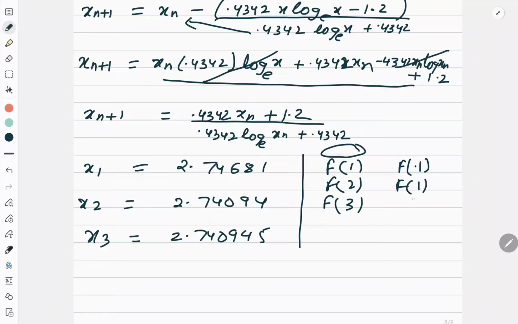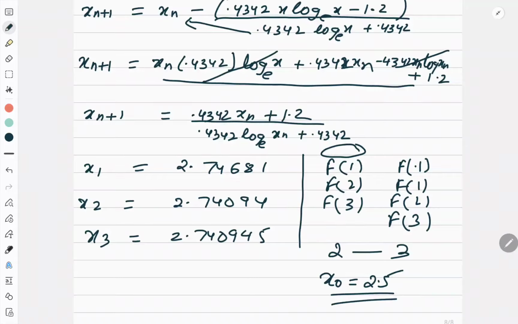Then f of 1, f of 2, f of 3. So in this case you will get the root is between 2 and 3. So I will suggest you take x0 as 2.5, because we don't know if it is close to 2 or close to 3. But yes, there is a method I told you. When you find out the values, check which value is closer to 0. The root will be close to that.